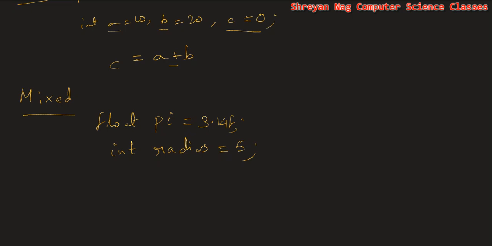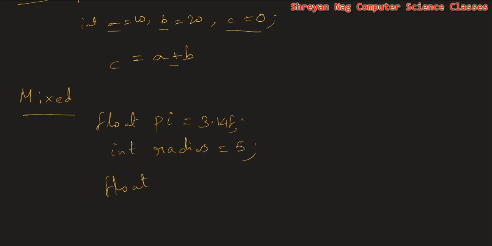Whenever the highest data type is there, always choose that. So between int and float, definitely float is greater. So the output where we will be storing the operation should be a float type.